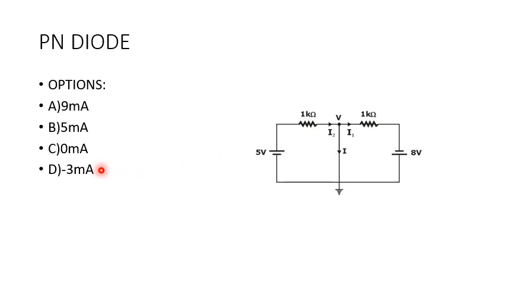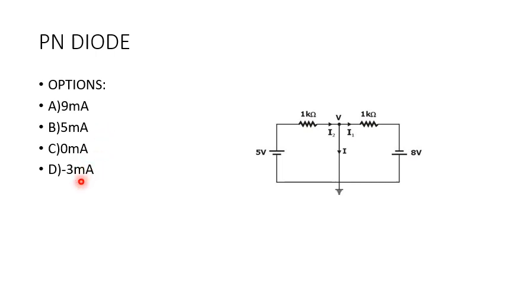Now you check, it is given in the options as minus 3 milliamps, but this is not the correct option. Can you guess any other option?